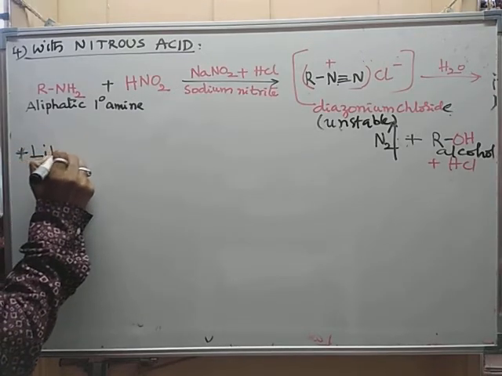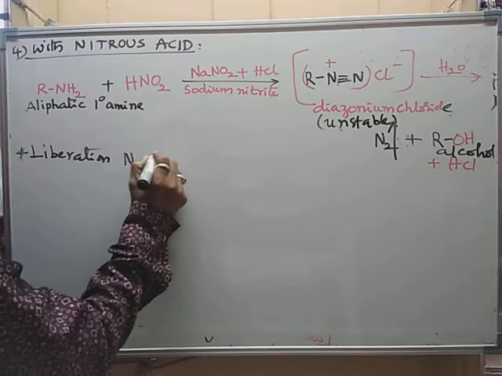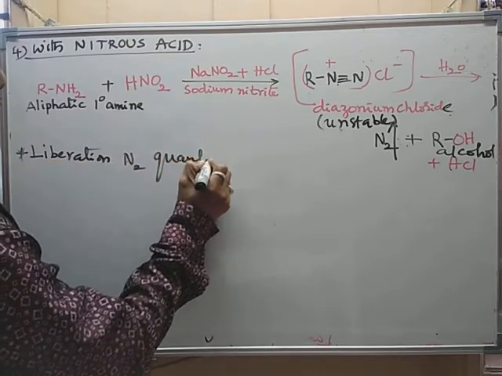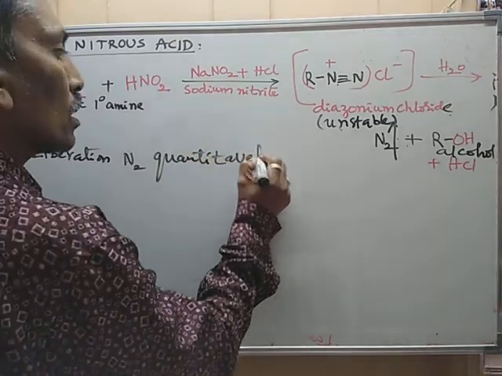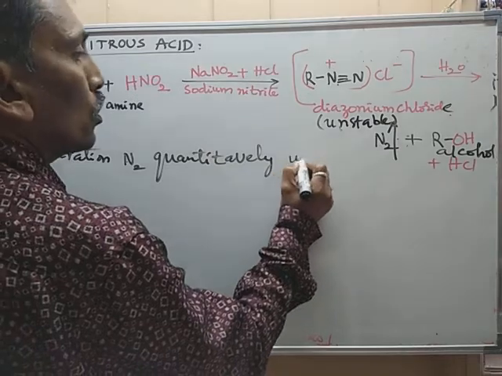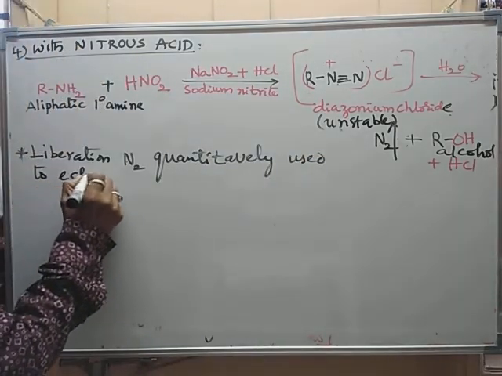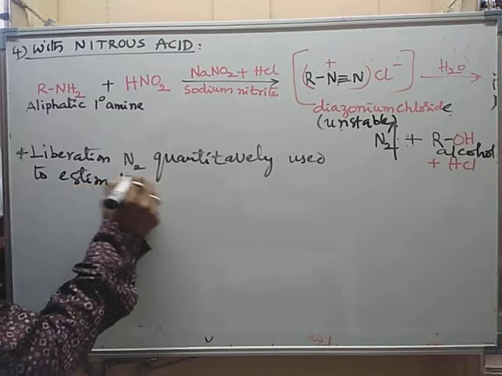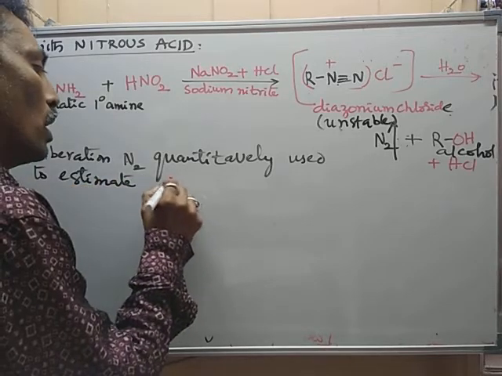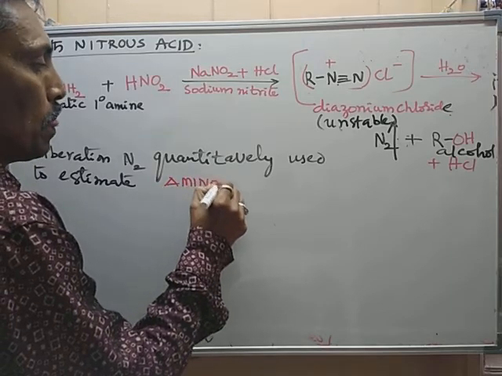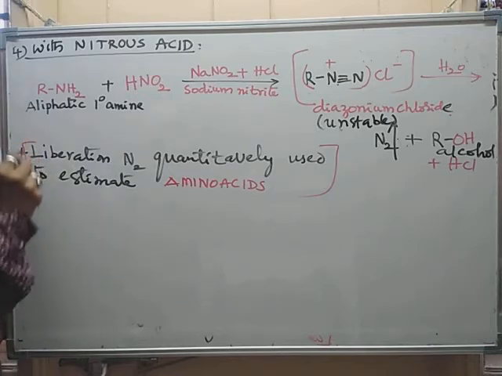Liberation of nitrogen quantitatively is used to estimate amino acids, only for competitive exams, not for PU.